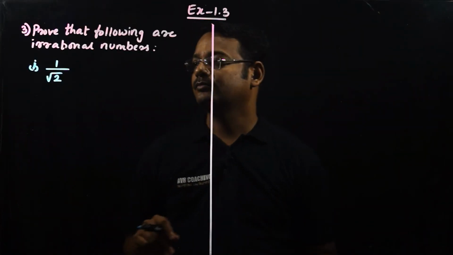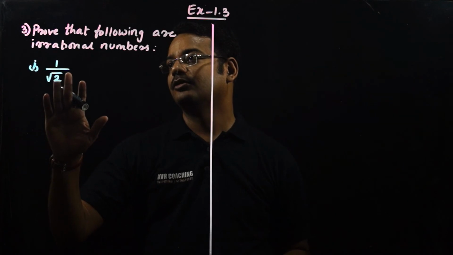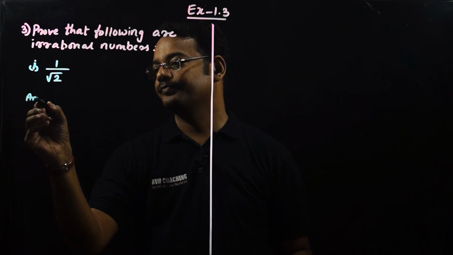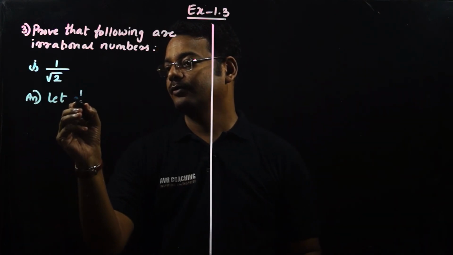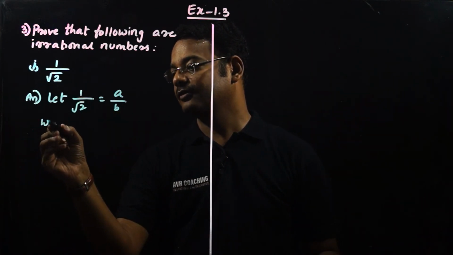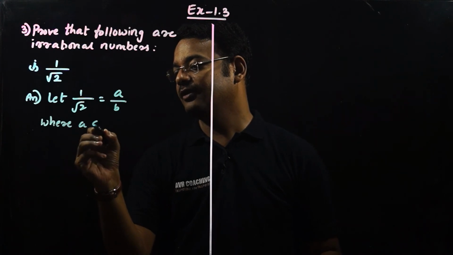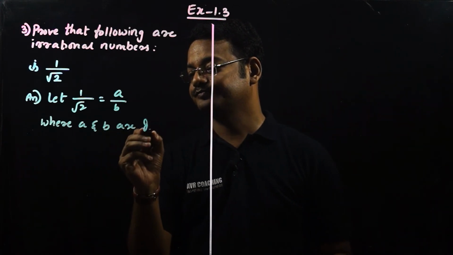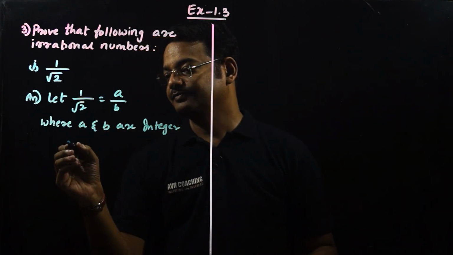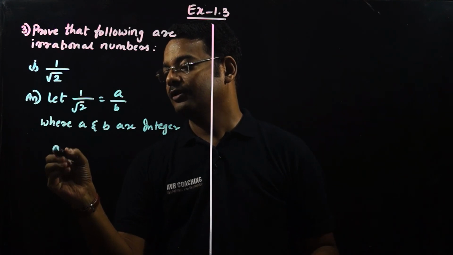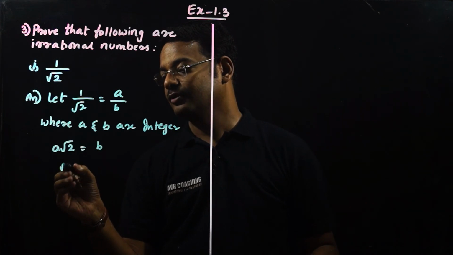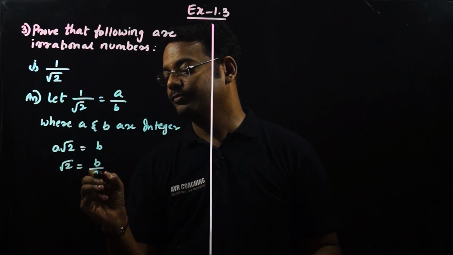Exercise 1.3, third problem, first part. Prove that the following number is irrational: 1 by root 2. Now we take, let 1 by root 2 equal to a by b, where a and b are integers. Now if we cross multiply, a root 2 equals b, root 2 equals b by a.